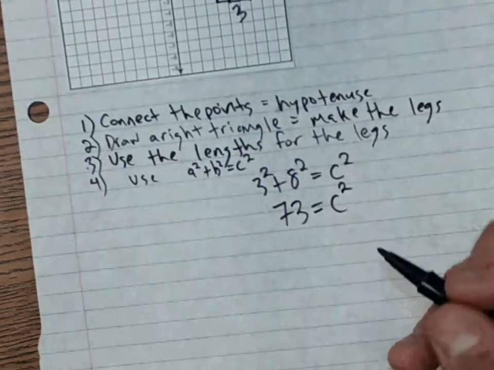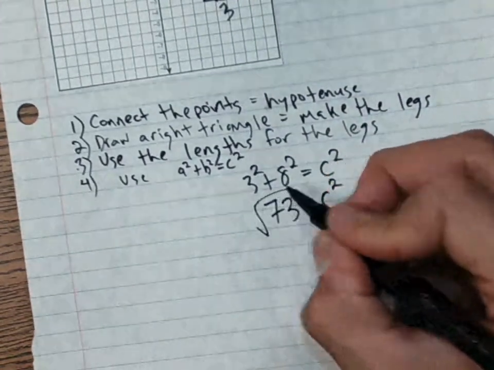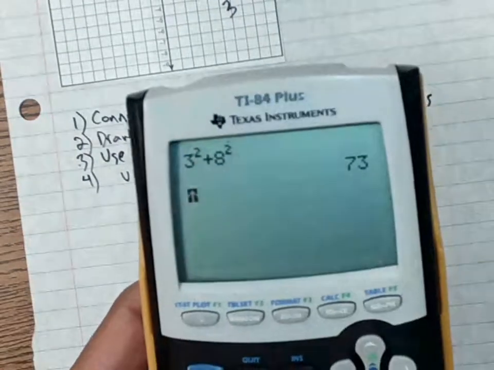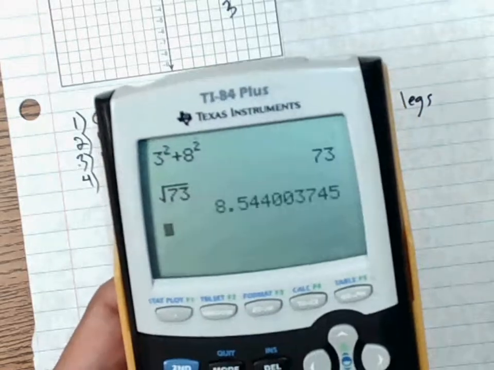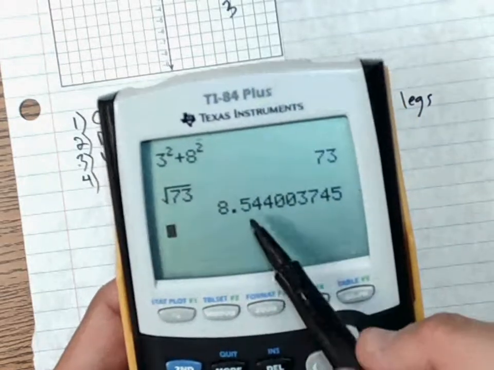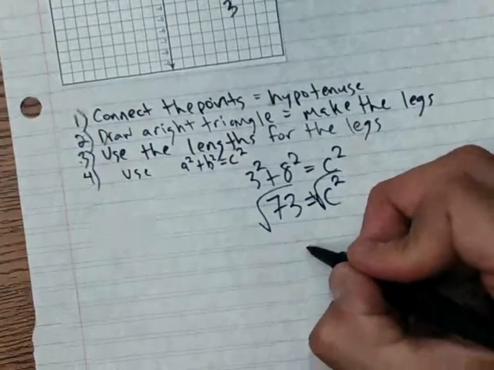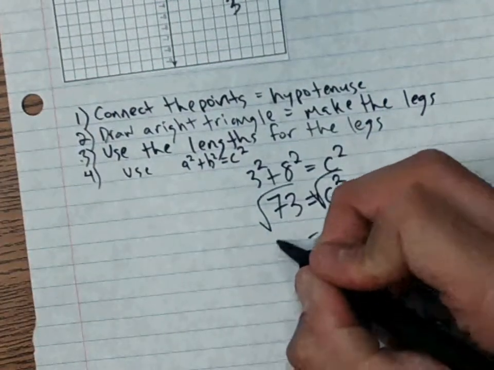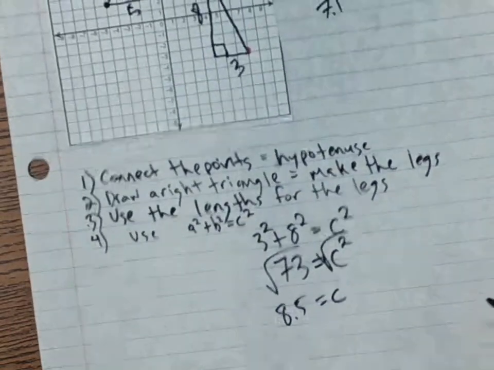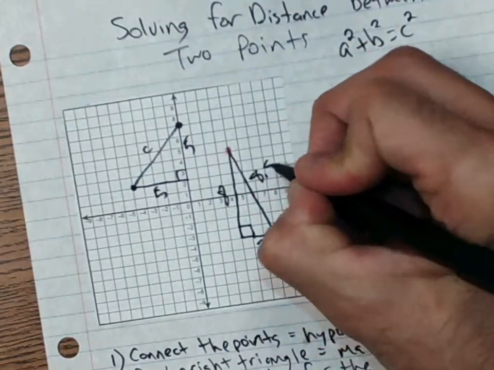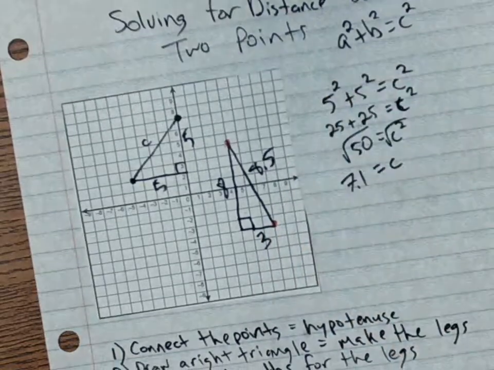And then, of course, we want to undo the squaring, so we square root. So, square root of 73. That comes out to, and again, we're rounding to the first decimal, so 8.5 or 8 5/10. That means the distance between these 2 points is approximately 8.5.